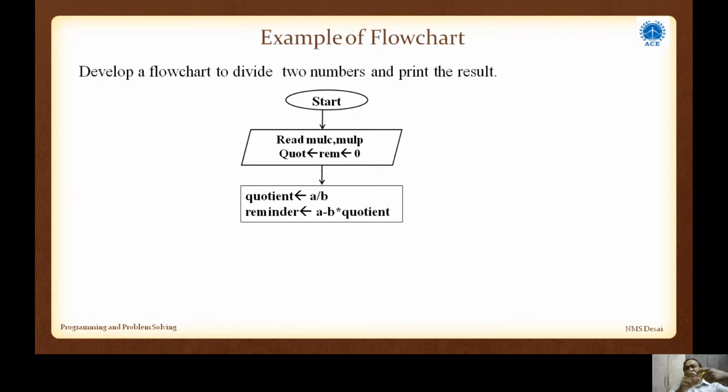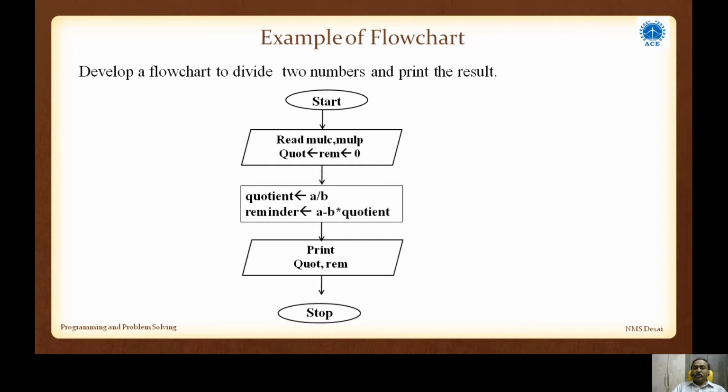From A, the maximum value that goes is taken and subtracted, and what is left over is the remainder. So the same thing we have done here: remainder is equal to A minus B into quotient. If A is exactly divisible by B, the remainder will be 0 and the quotient will be an integer. Print quotient and remainder, arrow and stop. As simple as that. Fine.